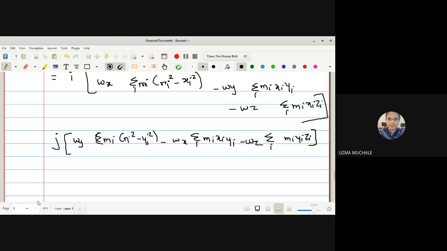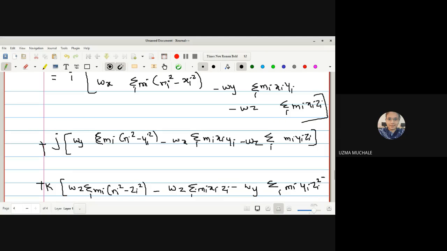Plus next we have to write down the coefficients of k; taking k common, we have wz summation over i mi ri square minus zi square, minus wx summation over i mi xi zi, minus wy summation over i mi yi zi.